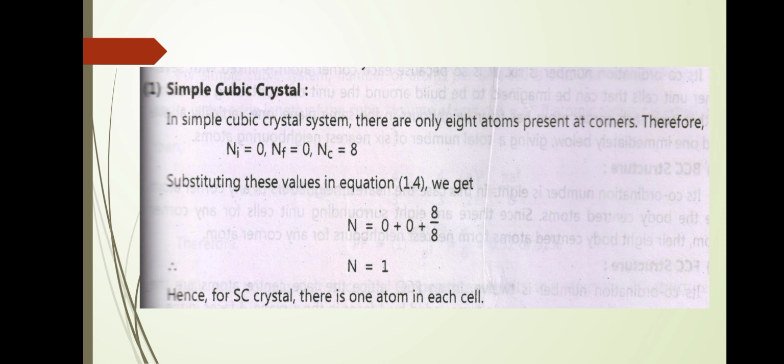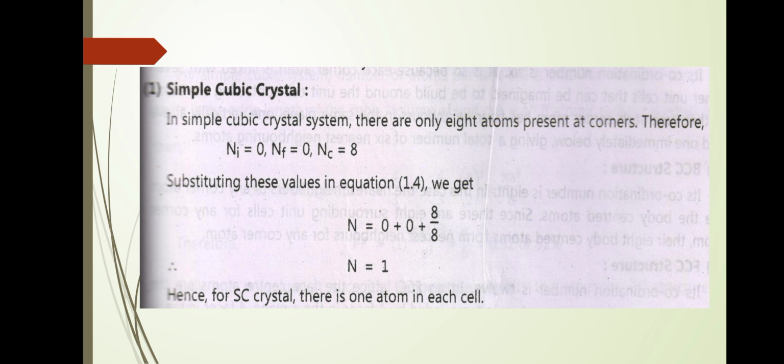The number of face centered atoms, Nf, is also equal to 0, and Nc, the number of corner atoms, is equal to 8. There are 8 corners and 8 atoms are situated at the corners, so Nc is equal to 8.